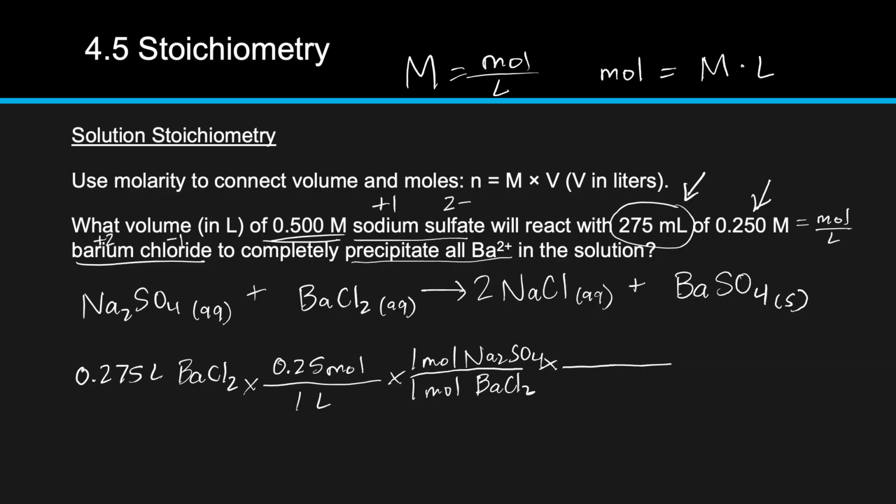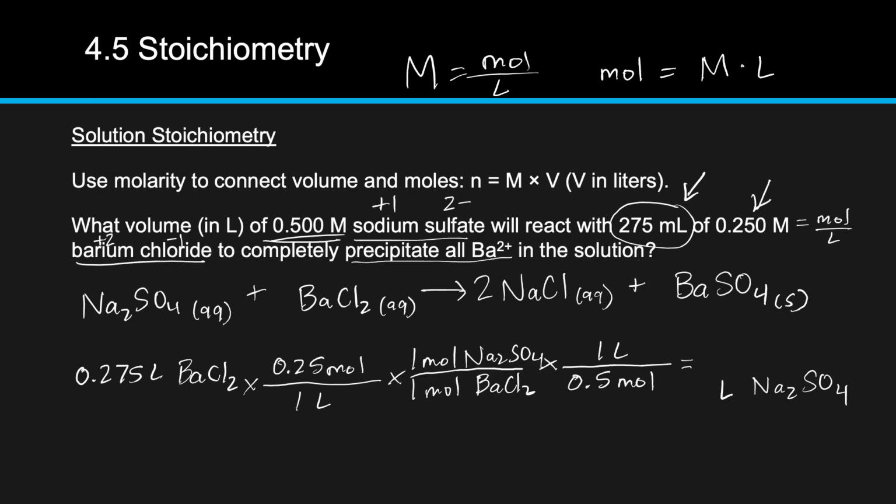So I know it's 0.5 moles per 1 liter. So I'm going to put that on the bottom, 0.5 moles per 1 liter. And that's going to leave me with volume of sodium sulfate.